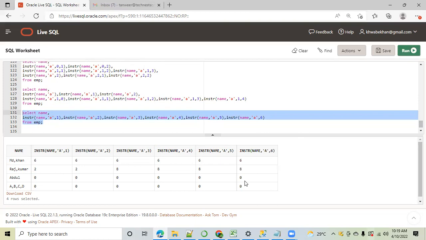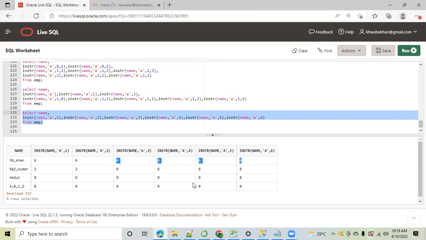In string name a comma 3, in string name a comma 4, in string name a comma 5, in string name a comma 6, these last 4 columns are giving the same output. You all agree? 6, 6, 6, 8, 8, 8, 0, 0, and all these things.